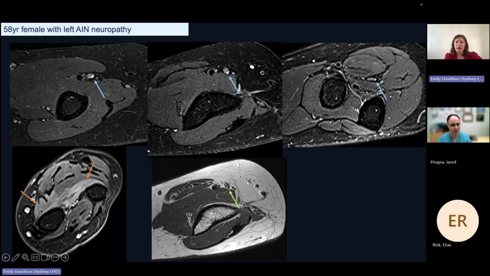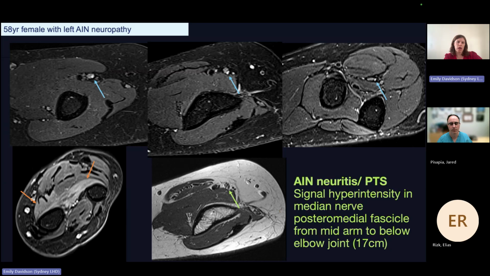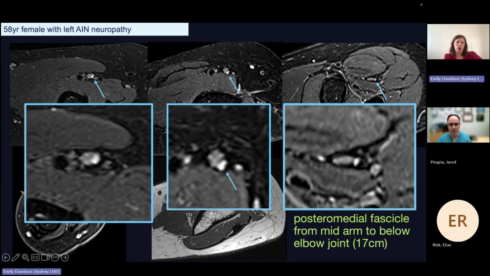And when we look at the median nerve above the elbow, as well as just below, we can see that the posterior medial bundle of the median nerve has got high signal and is thicker than the other fascicles. And this is a pretty classic case of a neuritis affecting the AIN of Parsonage-Turner.